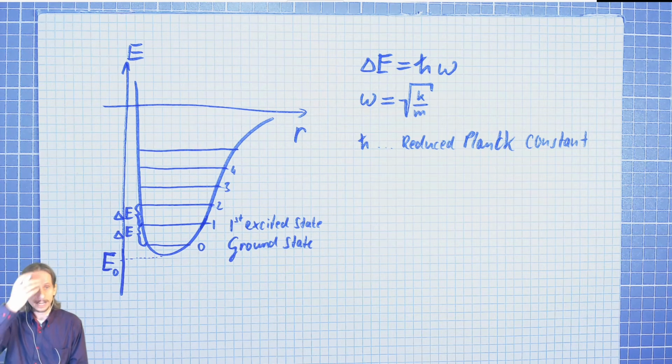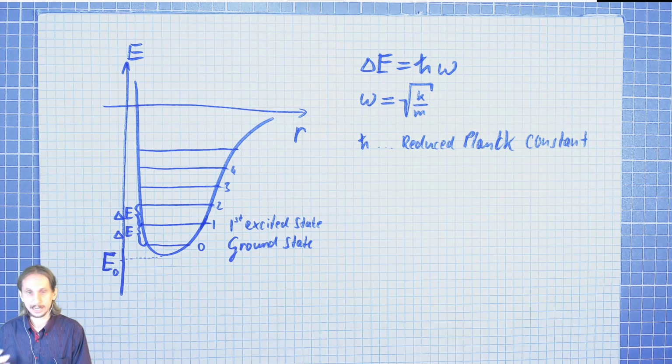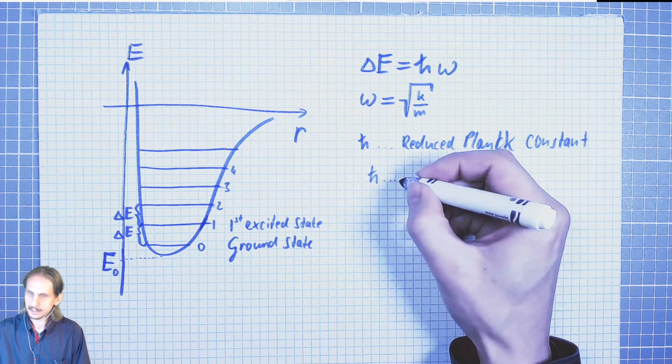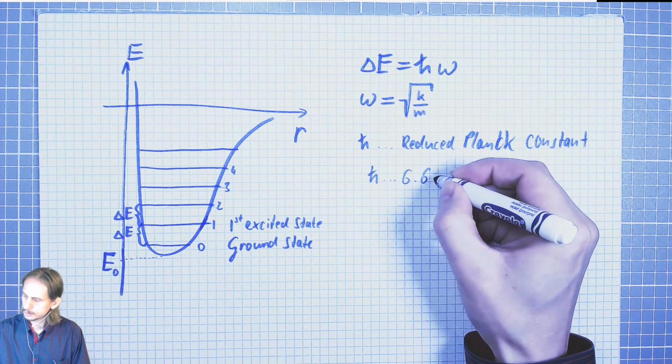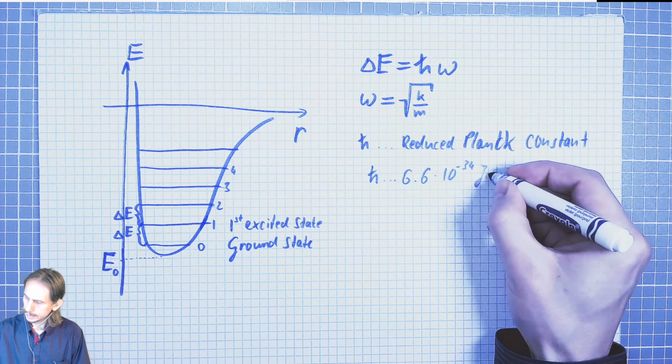It turns out that later on in his life he wasn't particularly happy about what he proposed, but the name stuck because he invented the whole concept that light should occur only in quantized packets. It turns out that this unit is incredibly small: 6.6 times 10 to the minus 34 joule seconds.